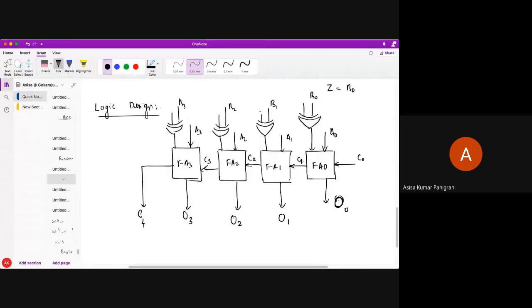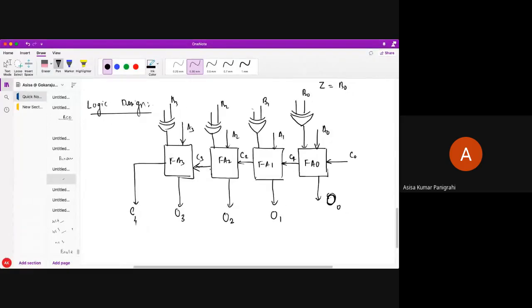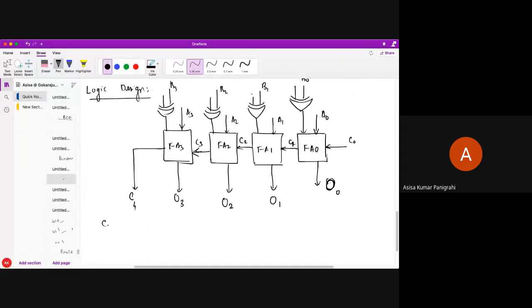Now I am going to explain what it will mainly do. Okay, please see here. If I use case 1, let's say all my XOR inputs are 1, and here the carry is also 1. What will it give me?